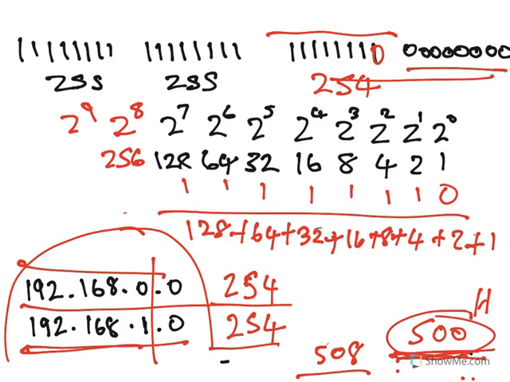No 1 at the end there. We stop at 2 plus 0, and that gives you 254. So your subnet mask there for supernetting becomes 255.255.254.0. And it's really that simple.